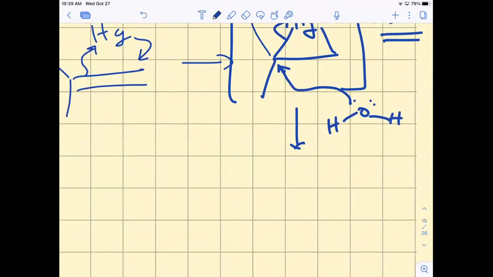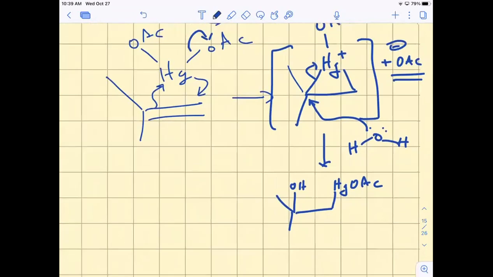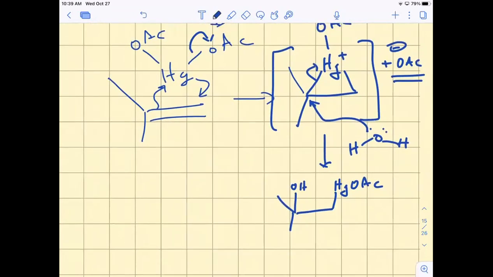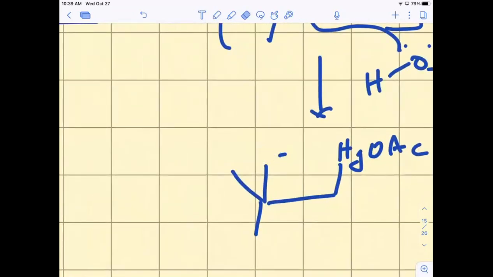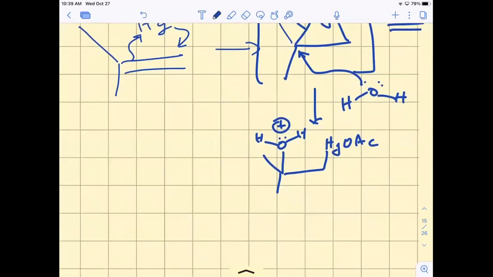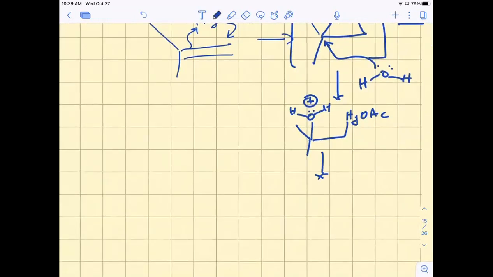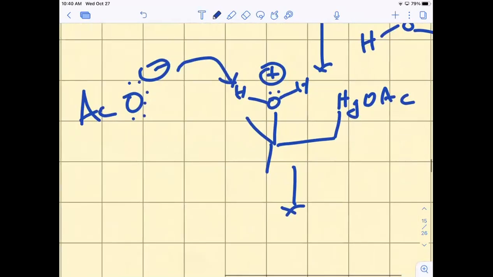So I'm going to end up with this. Then from that, the OAc that I lost up top can come in and do proton transfer.